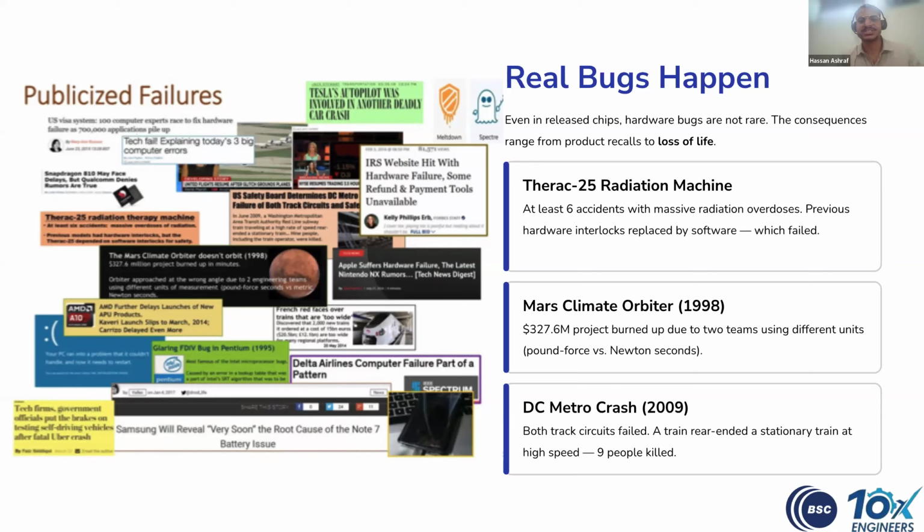You have to test each and every scenario in which your design will be exercised. As a verification engineer, we have to be aware of all the possible scenarios in which our design could be placed, and we have to test it in pre-silicon, post-silicon, before delivering it to the client.